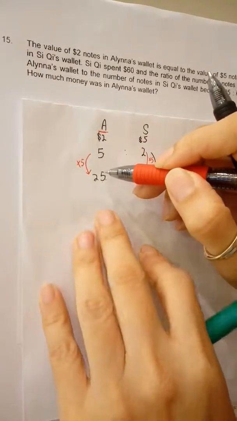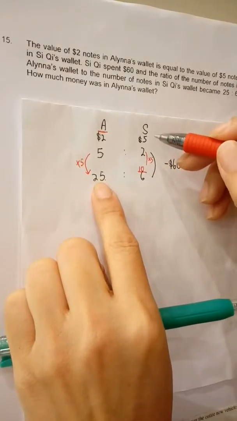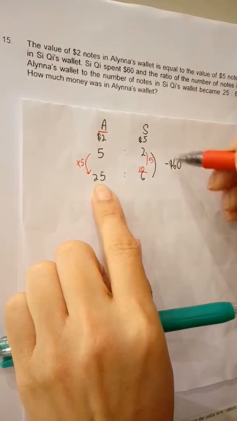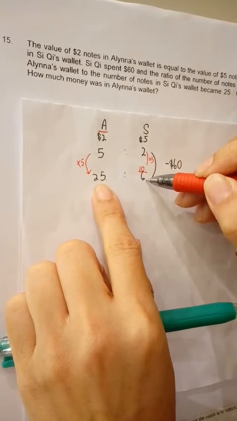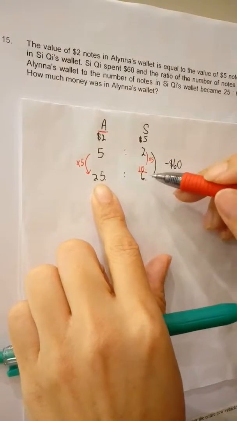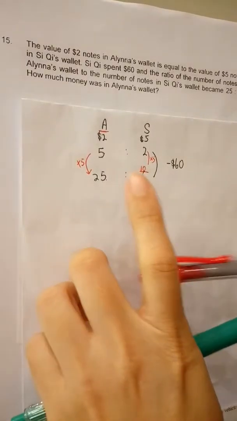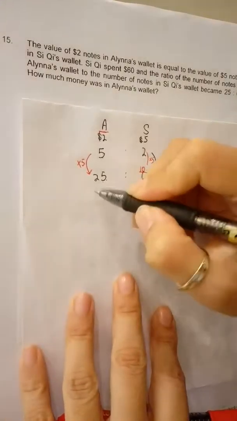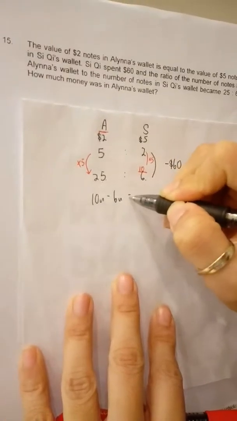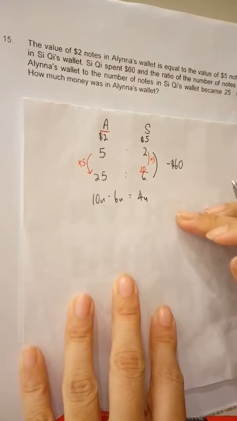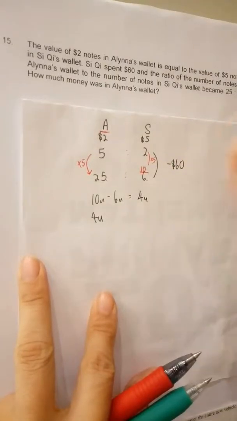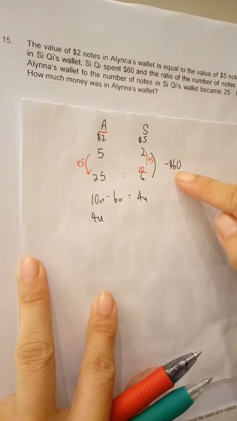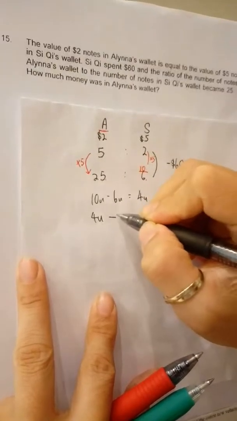Like if let's say Siqi didn't spend the $60, she's also supposed to have 10 units instead of 6. So now they're in equal proportion, right? 10 units minus 6 units, so she has actually spent 4 units. And the 4 units is actually the $60 that she has spent.